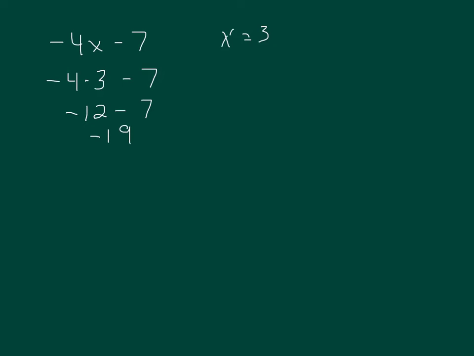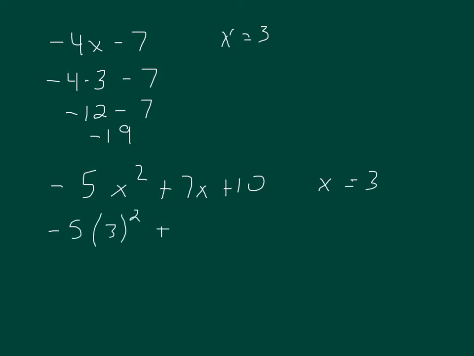All right, we have the next one. Negative 5x squared plus 7x plus 10 for x equals 3. So we have negative 5 times 3 squared plus 7 times 3 plus 10. 3 squared is 9, so negative 5 times 9 plus 7 times 3 plus 10.